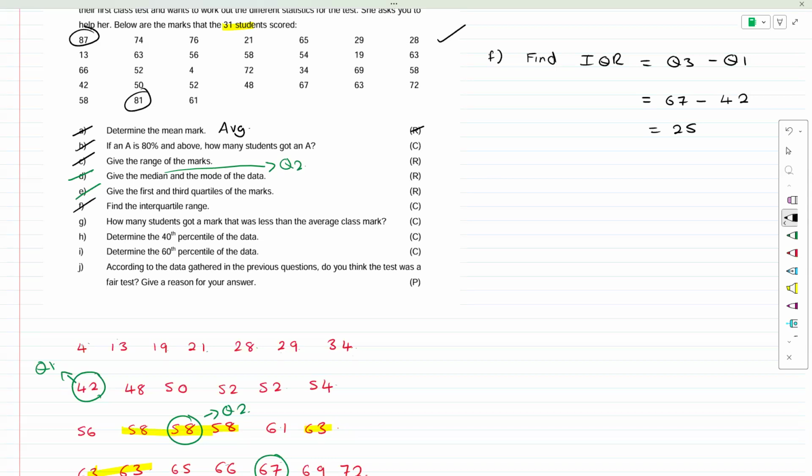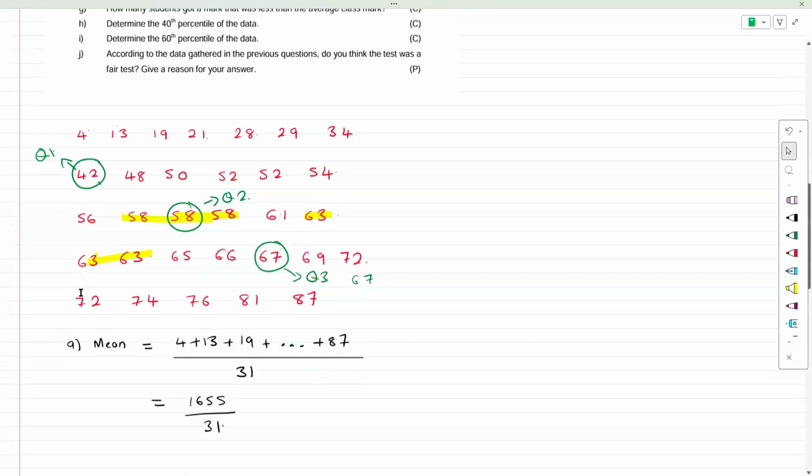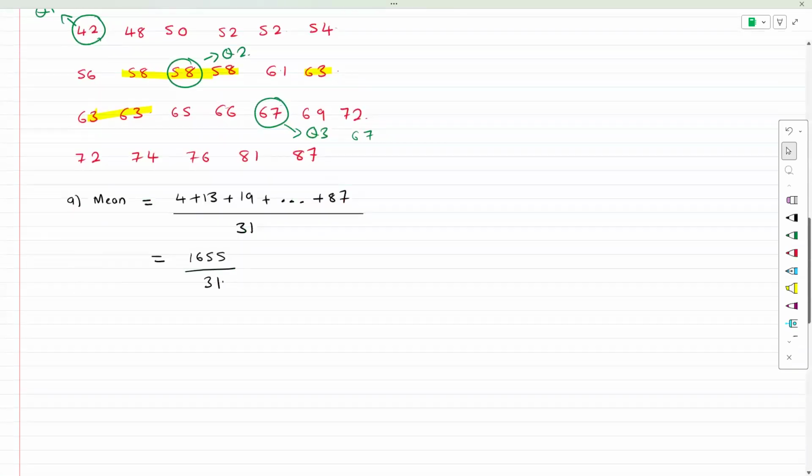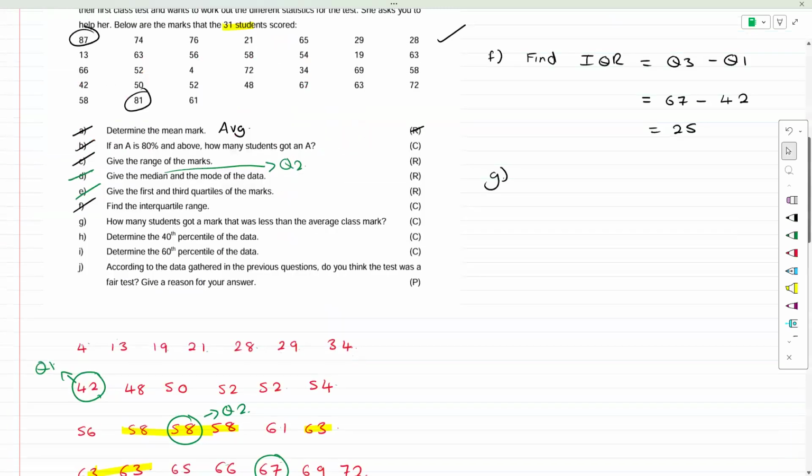Okay. The next question says, how many students got a mark that was less than the average? Now, if I'm not mistaken, the average was something that I didn't calculate. Sorry, guys. The average was 53.39. So all I have to do is go and count. I'm erasing all of this.